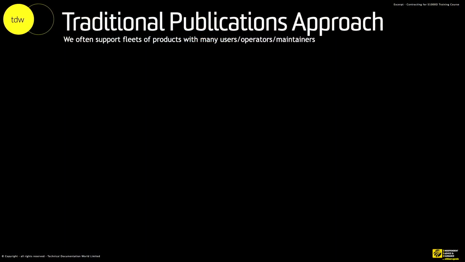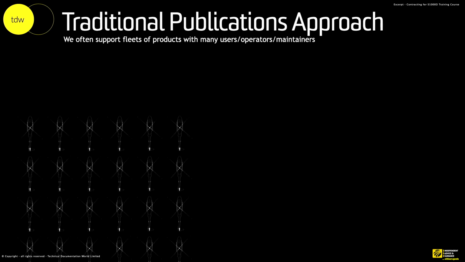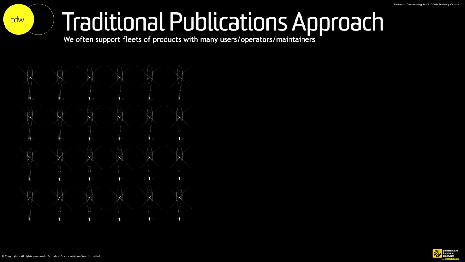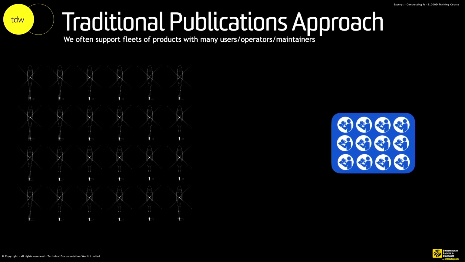But that is not always the case, nor how we should look at this in context. We have fleets of our platforms, and those platforms often have squadrons or lots of flight lines or maintenance organizations supporting these fleets of operational pieces of equipment.